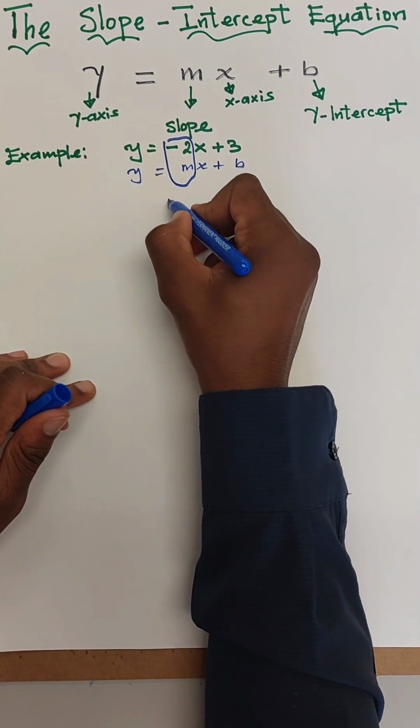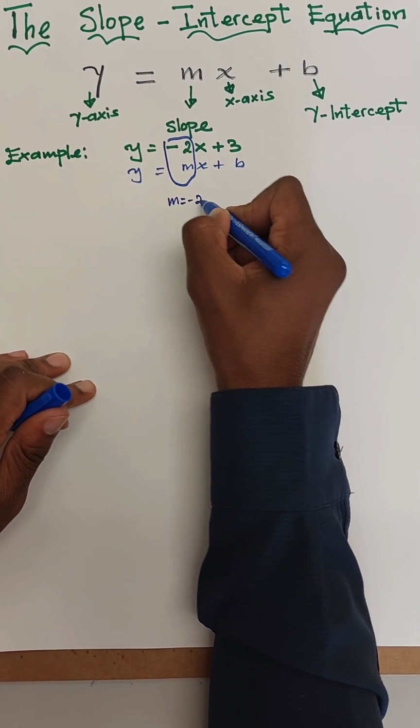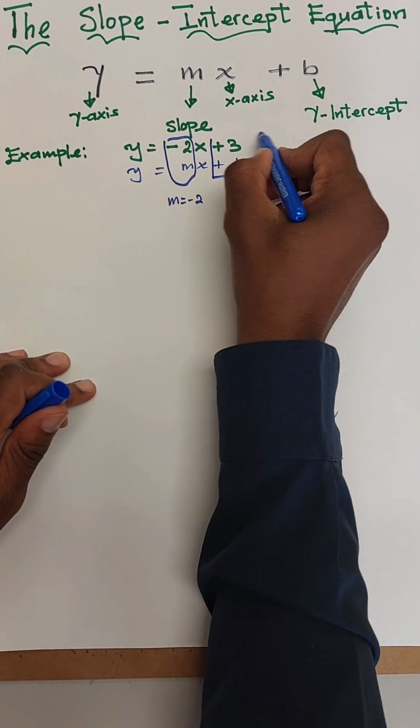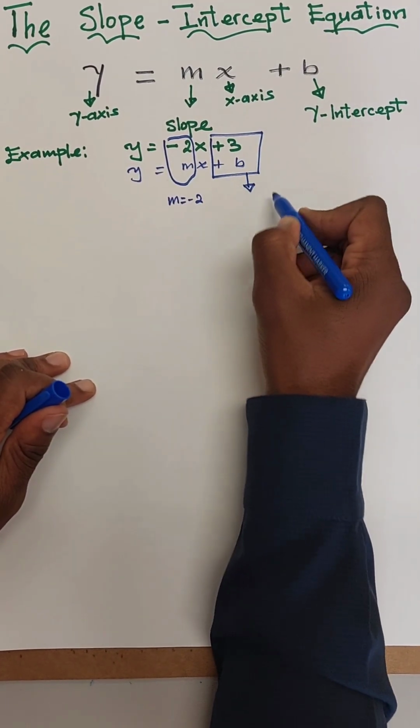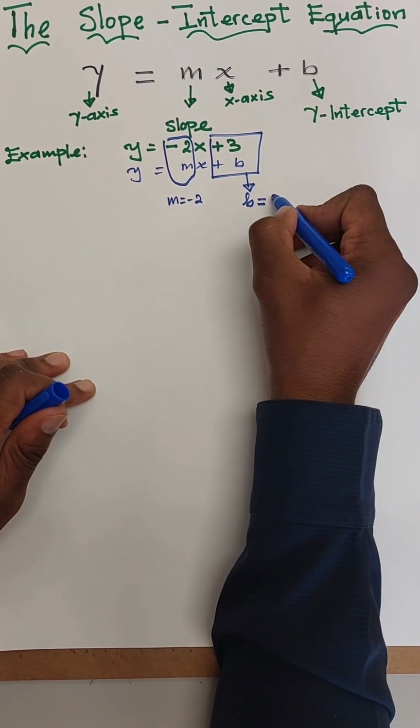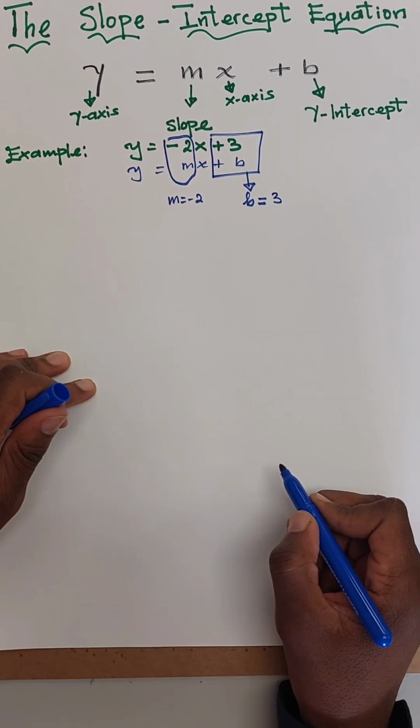So m will be negative 2, which is the slope. And we can also tell that the y-intercept b will be positive 3.